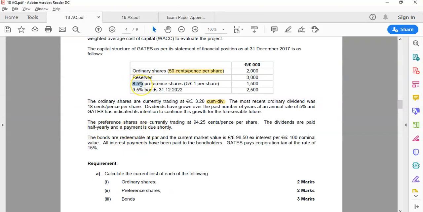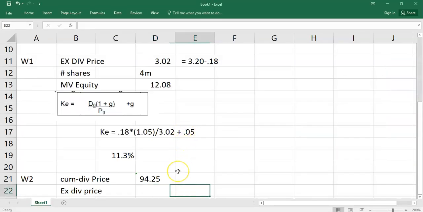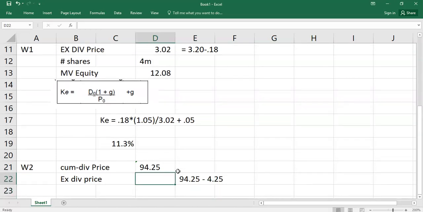Preference shares are 8.5% and the nominal value is €1. That means a full year's dividend would be 8.5 cents, i.e. 8.5% of the nominal amount. So a half year will be 4.25. So that's going to be 94.25 minus 4.25. So it's going to be 90 is your ex-div price.